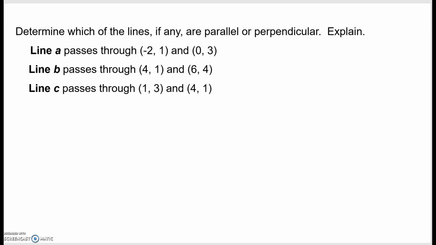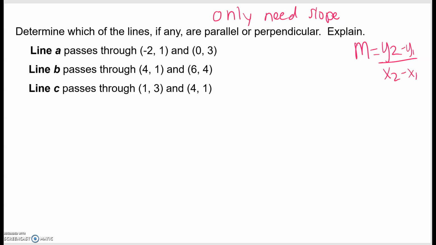Okay, the last two examples for today's notes are deciding which lines, if any, are parallel or perpendicular. So in this case, you only need to find slope. Okay, so you guys have been getting really good at slope. So remember that's your y2 minus y1 over x2 minus x1.